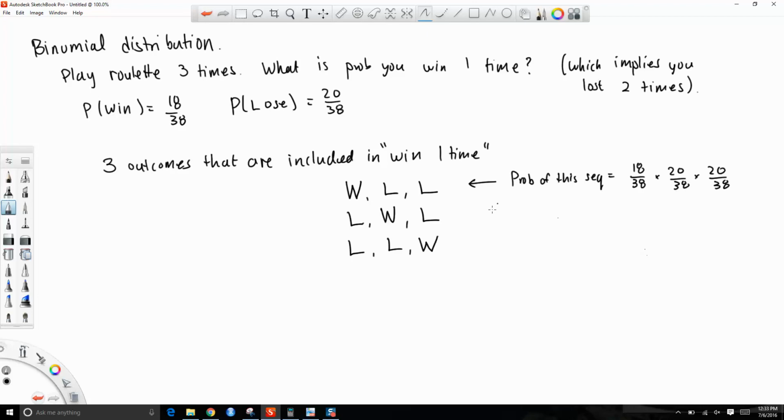The second would be 20 out of 38 times 18 out of 38 times 20 out of 38. And the last would be 20 out of 38 times 20 out of 38 times 18 out of 38.